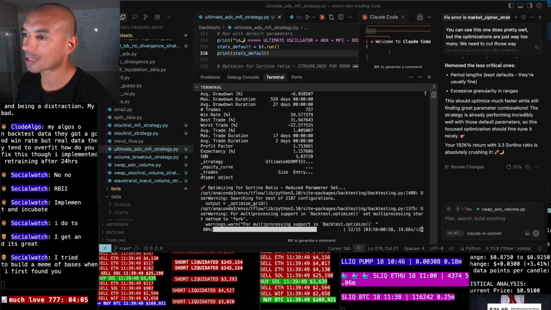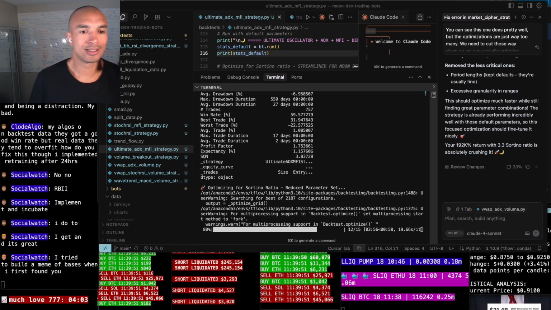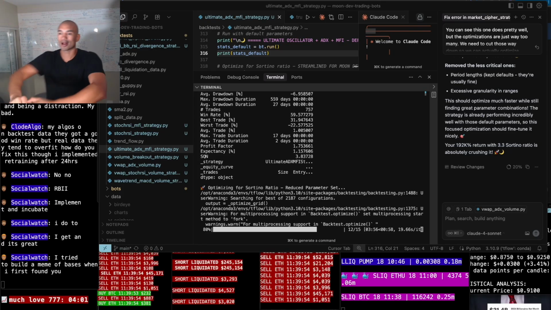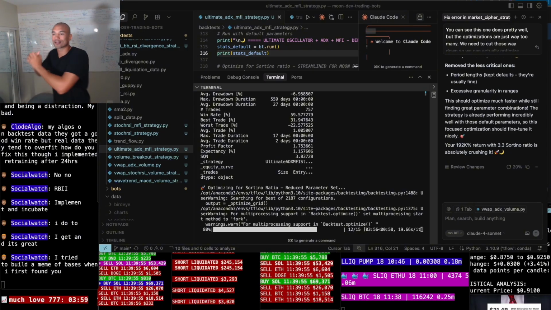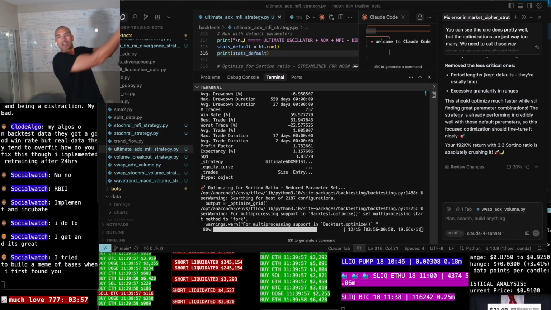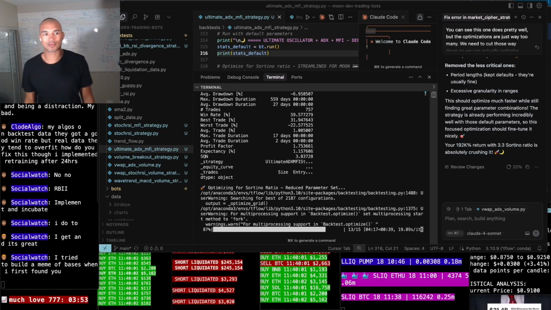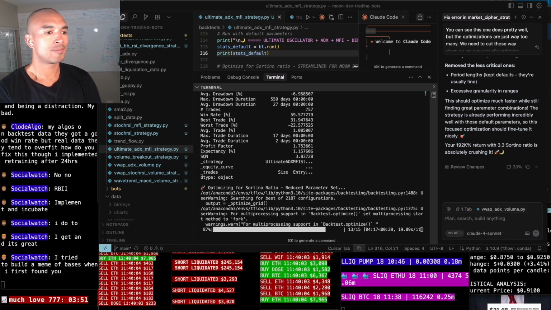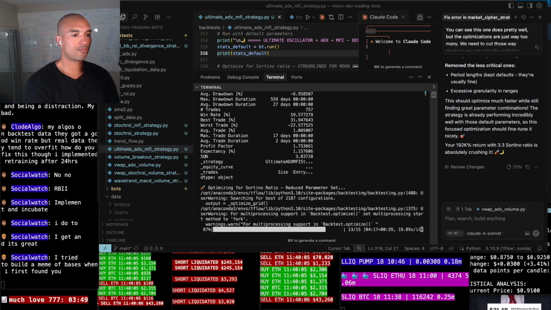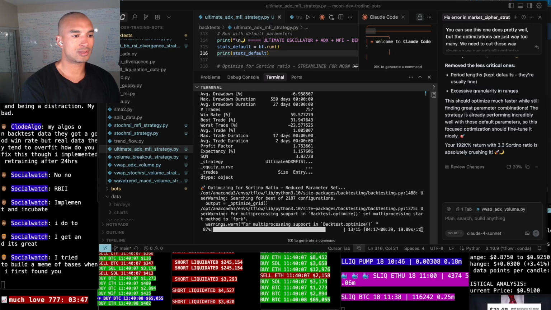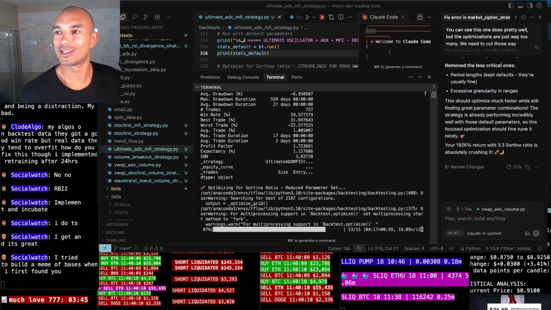You know, I grew up next to Ken Griffey, that was my goat in the day. Back in the day, I tried to build a meme of bases when I first found you. Really?